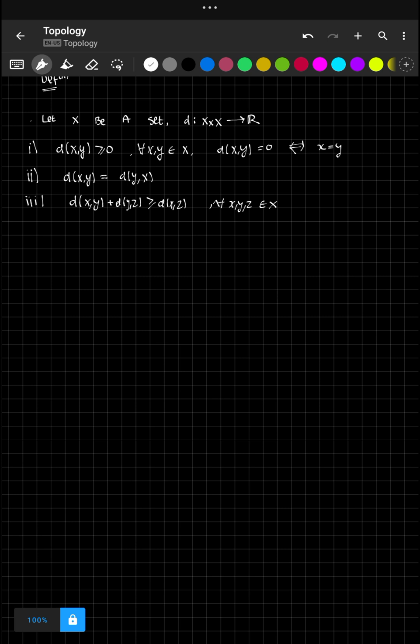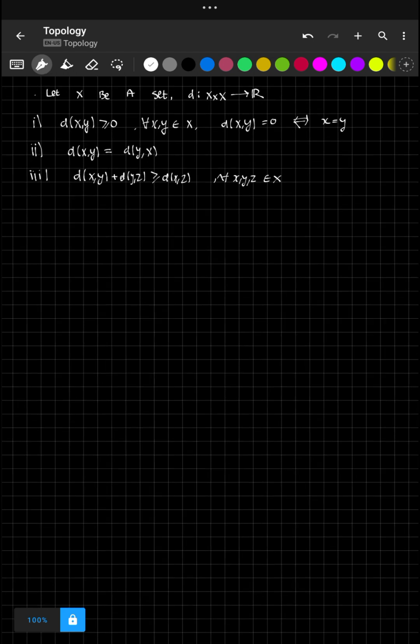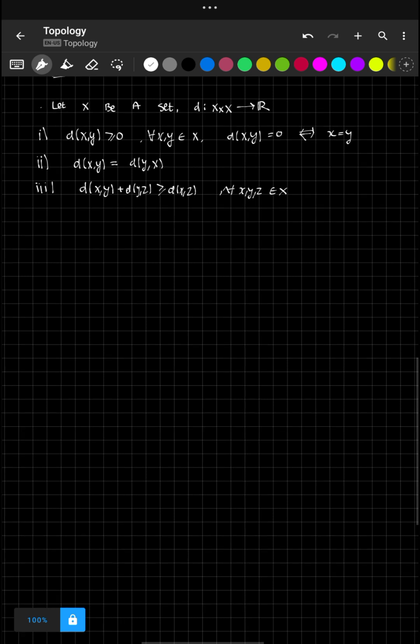The first one says that distance should be non-negative, and it should be 0 if and only if we are on that point. The second condition says that the distance between two points should be the same whether I'm measuring from x to y or y to x. And the third one is the triangle inequality that we want our distance function to have. So this is what we mean by a metric.